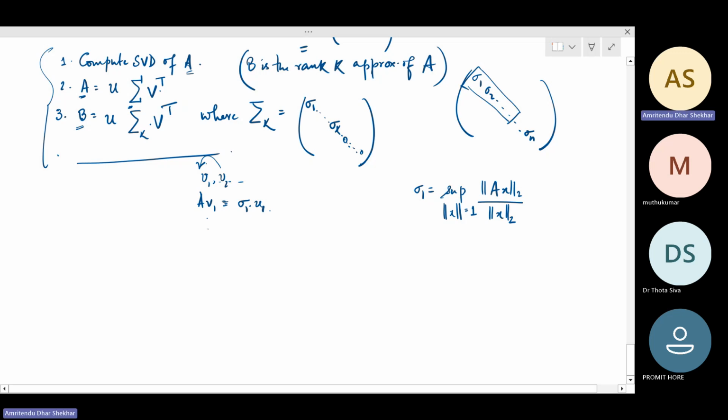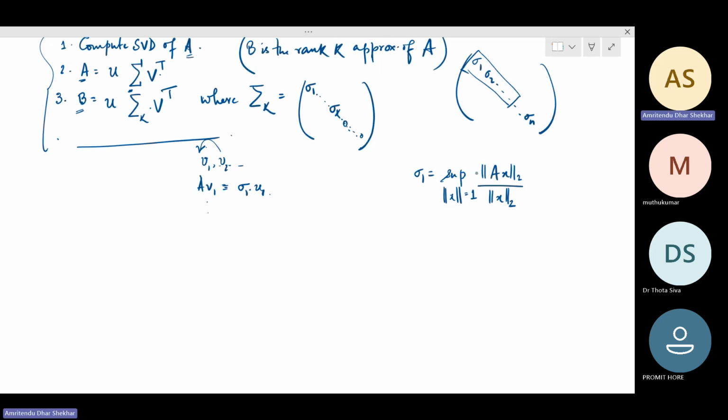So next time, you take the sup over x with norm equal to 1 of norm Ax, but you put a constraint: x transpose v1 is equal to 0, because you want the next singular vector to be orthogonal to v1.